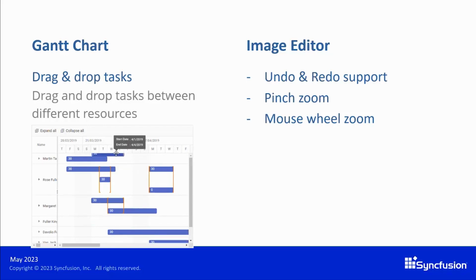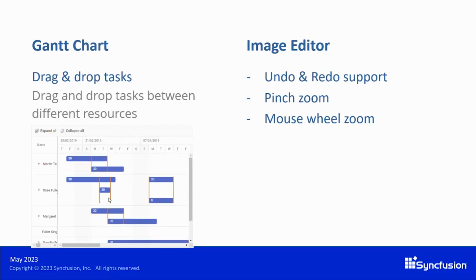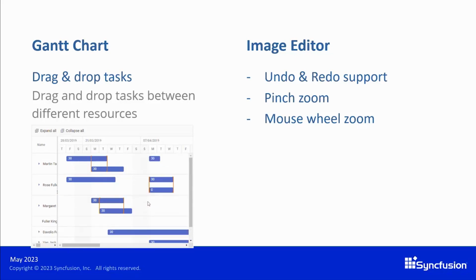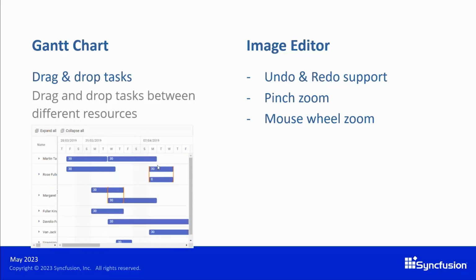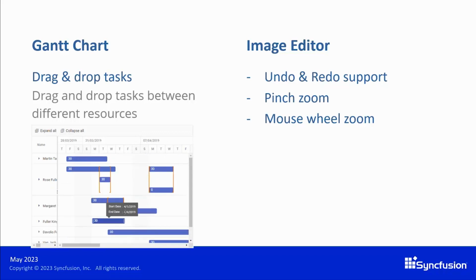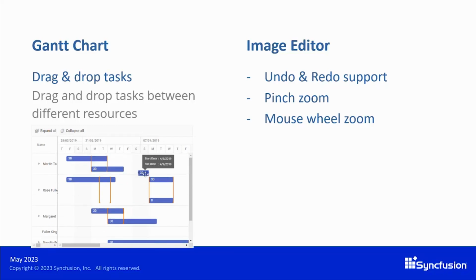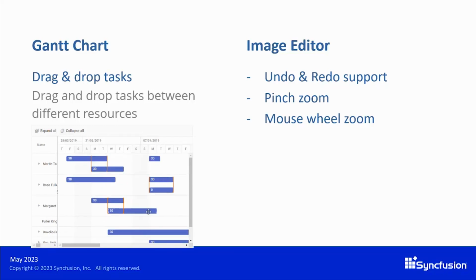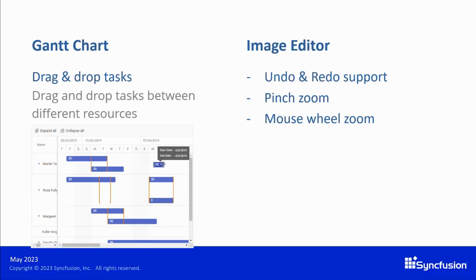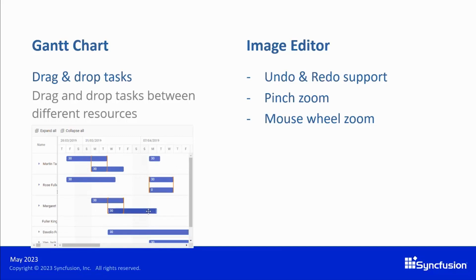And to the image editor component, undo and redo support has been added. So basically all the actions that you perform on the image editor will be saved as an object in an array collection. So based on the actions that are available in that array collection, undo and redo support is provided. And then pinch zoom support has been added.